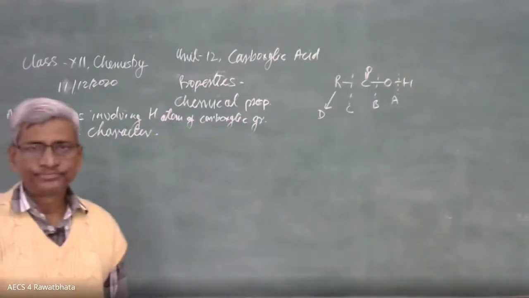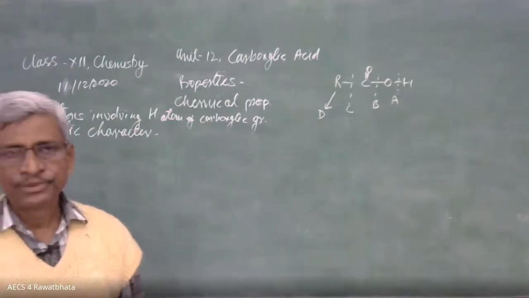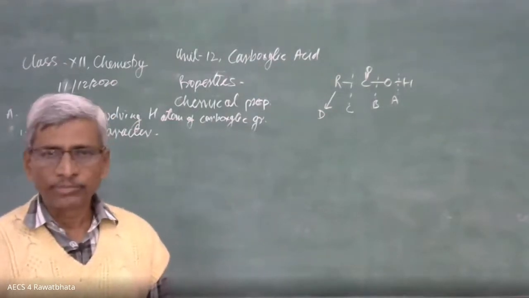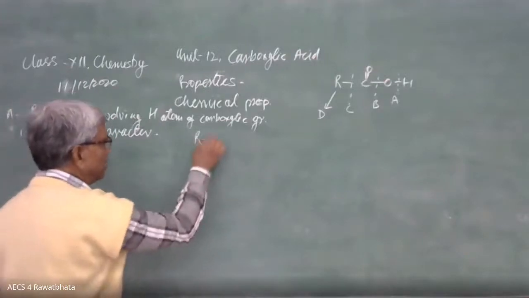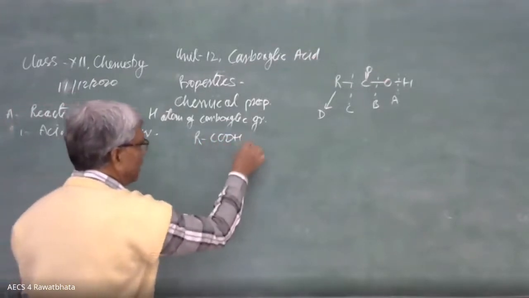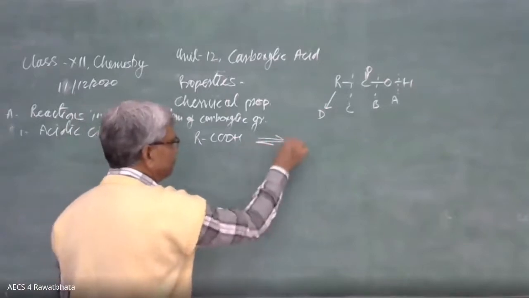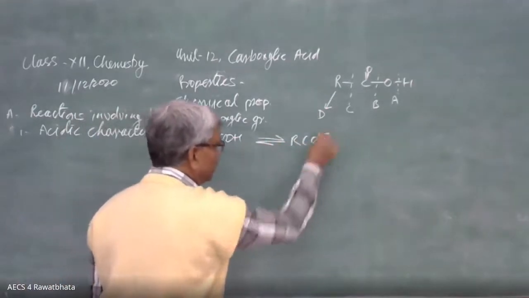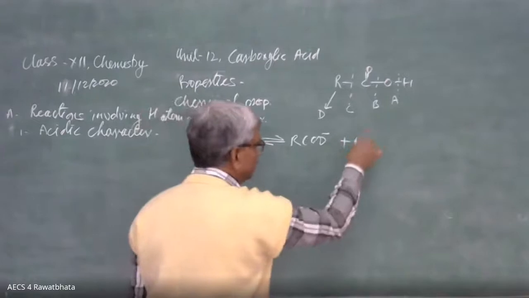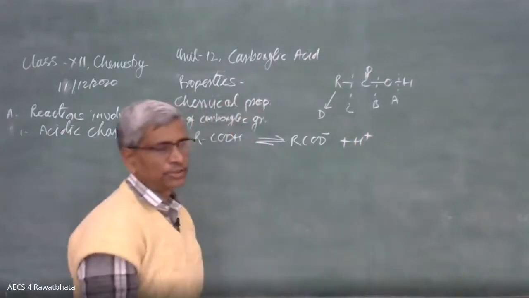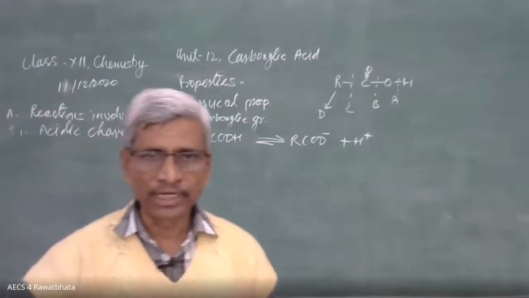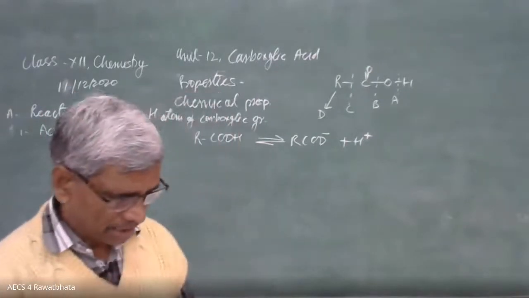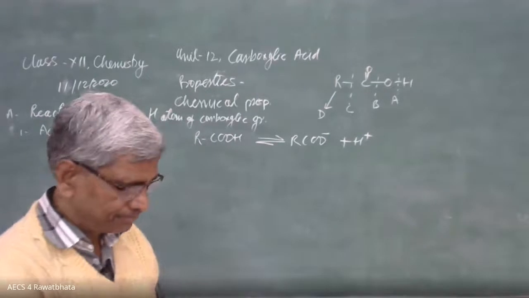Carboxylic acid ionizes to give hydrogen ion and carboxylate ion. RCOOH ionizes to give RCOO minus, carboxylate ion, plus hydrogen ion. You can write H3O positive also. RCOOH plus H2O gives RCOO minus plus H3O positive. This type of reaction can also be given.